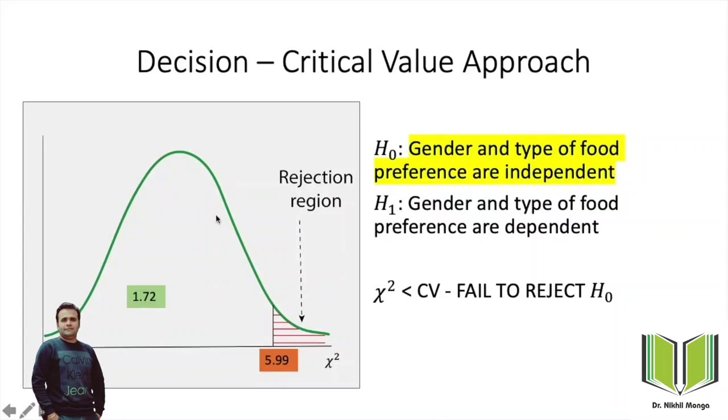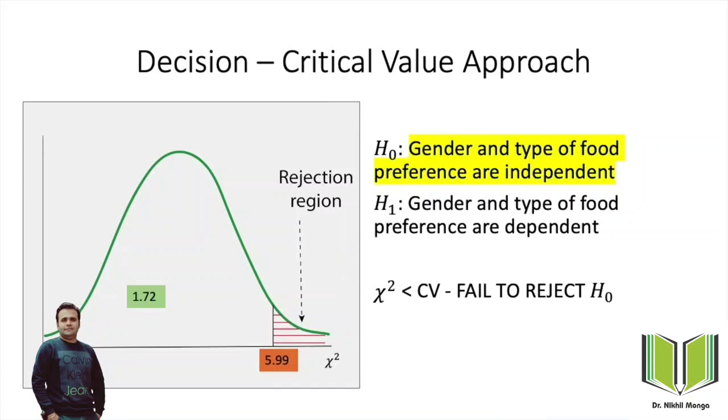It falls in the non-rejection region. 5.99 is the rejection boundary, and this comes in the non-rejection region because it is smaller than 5.99. So therefore we fail to reject the null hypothesis. If you fail to reject the null hypothesis, it means the gender and the type of food preference are independent, meaning there is no relationship between them, they are not related. So this is how we can use the critical value approach.